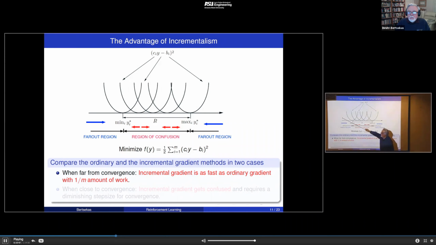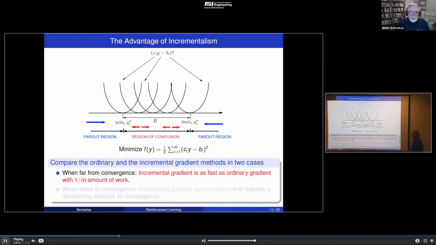If it starts on the left, also it will move in the same general direction that the ordinary gradient would do. And at least when we approach this area here, we would be doing the right thing, the same thing that the ordinary gradient method would do, even if it calculates the gradients of all the components.